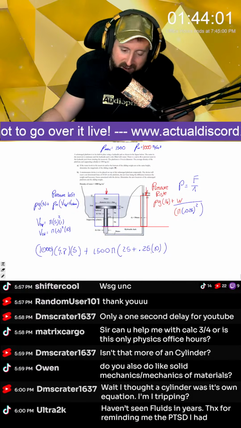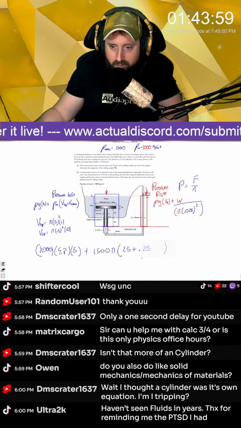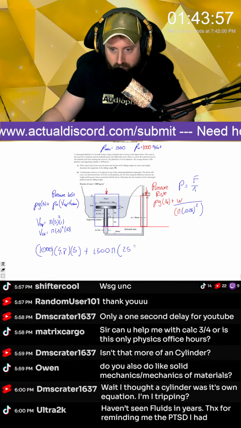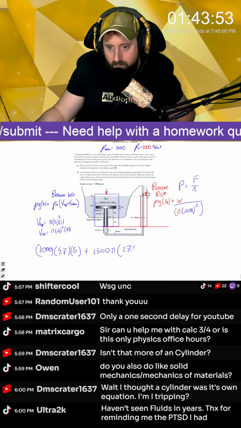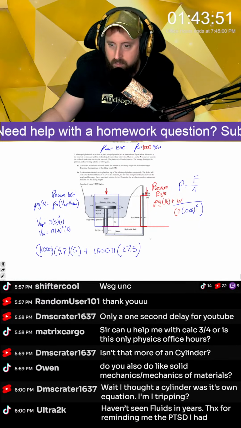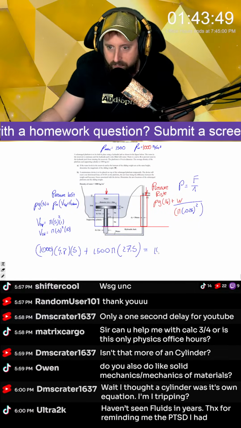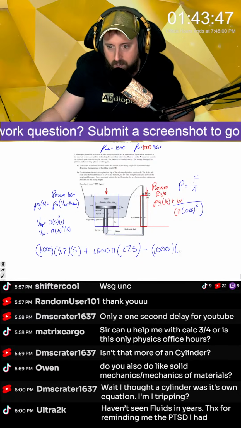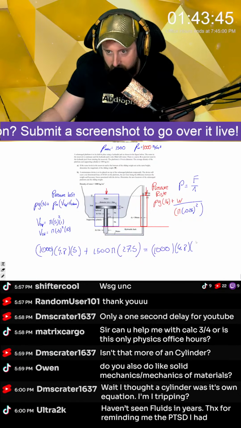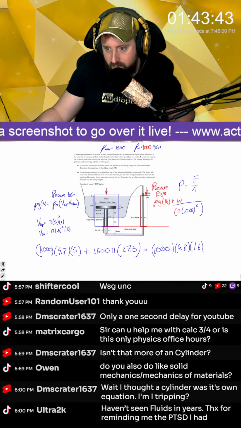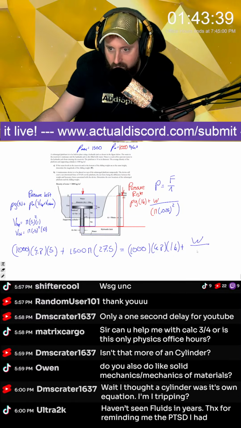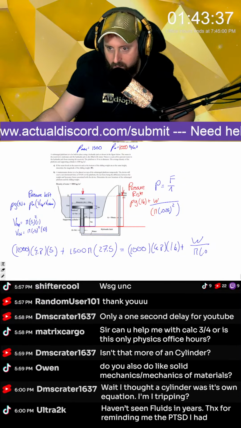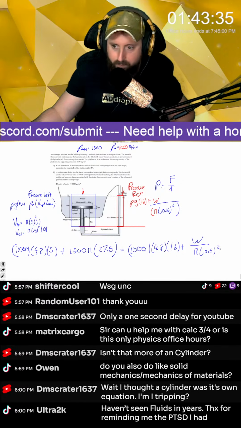So times 10 is just going to make it 2.5, right? So this is just 27.5. Okay, cool. And then that's equal to 1,000 times 9.8 times 16 plus the weight over pi times 0.025 squared.